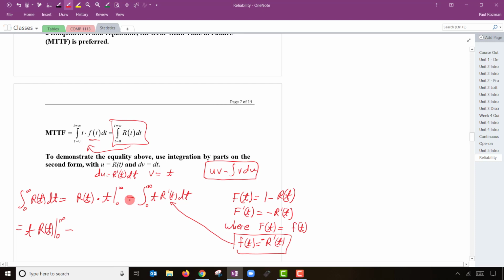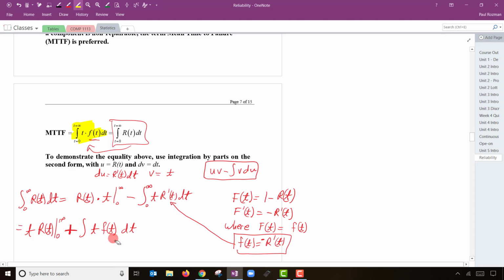I have a minus sign out in the front, so I can change that to plus. And now I have little f of t. If you look up above, that's what we're trying to show. We're trying to do t times little f of t.